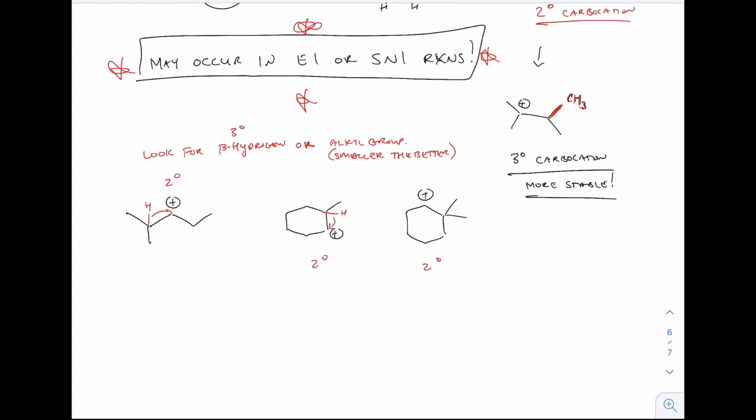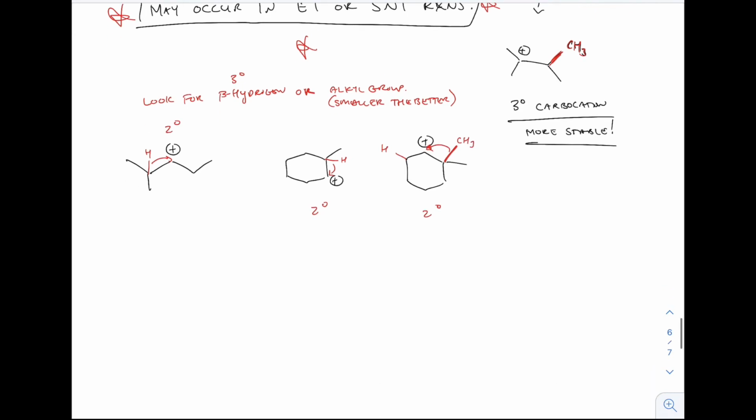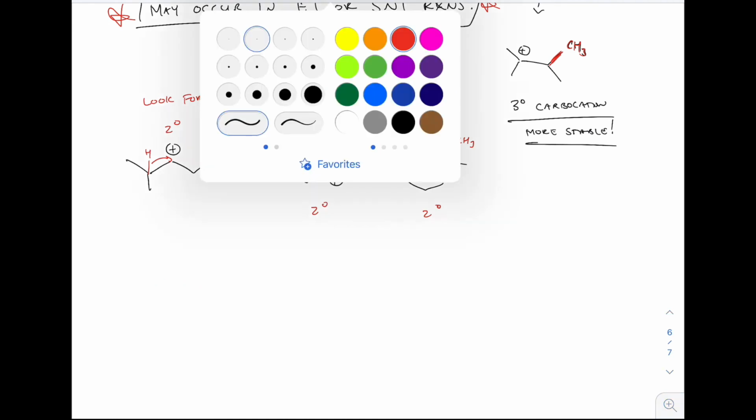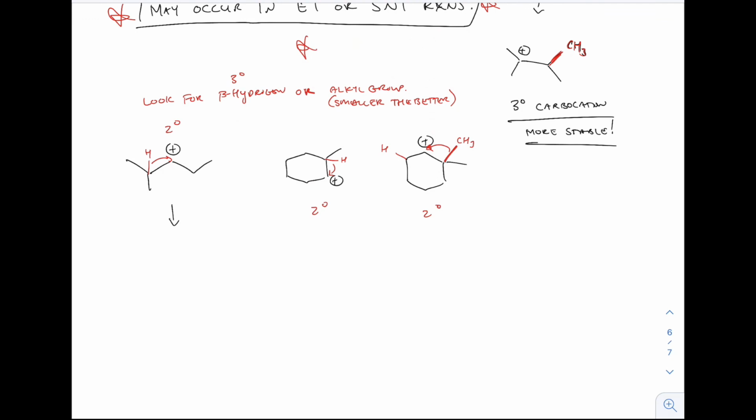The middle molecule, we got a tertiary hydrogen that can shift right over as well. On the molecule on the right, we do have a hydrogen that can shift, but it's not a tertiary hydrogen, so we're not going to make it a better carbocation. We also have a quaternary methyl group that can shift right over to make a better carbocation. And so let's go ahead and draw these things out.